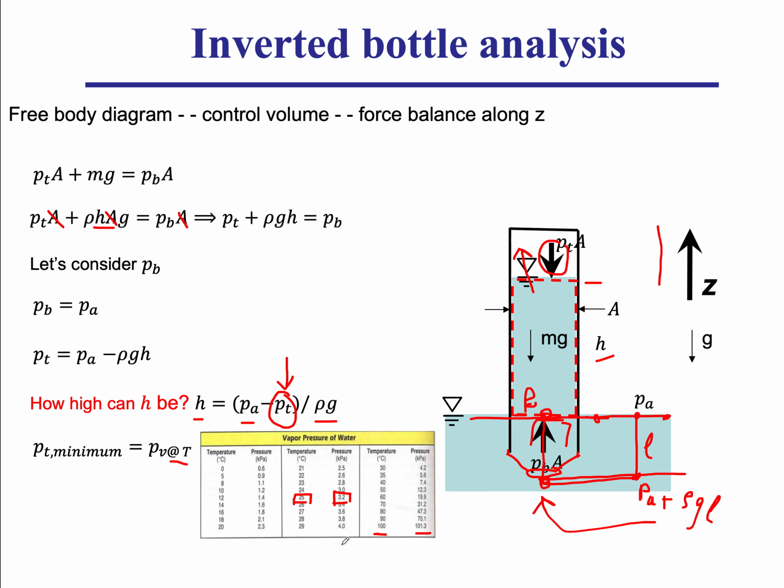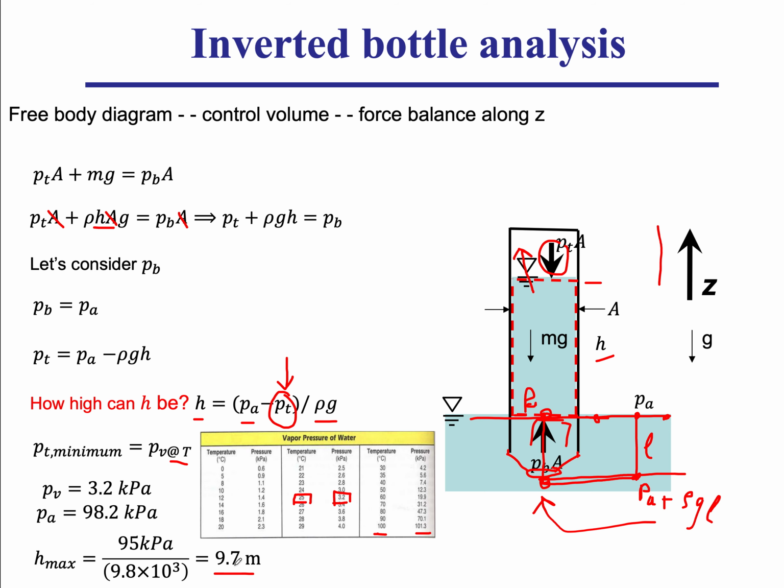So stick in this 3.2 kilopascal, and let's have a good estimate of P atmosphere to be around 98 kilopascal. So I end up with 95, 98 minus 3 is 95, divided by the rho g. So I'm going to get between 9.5 and 10.